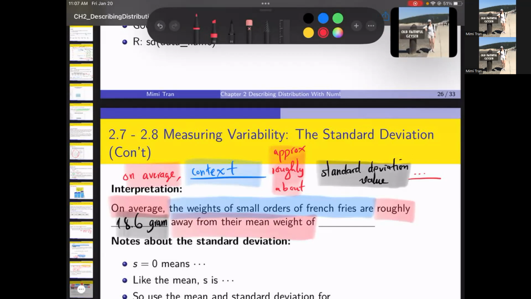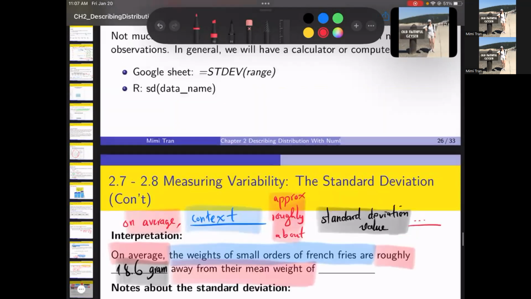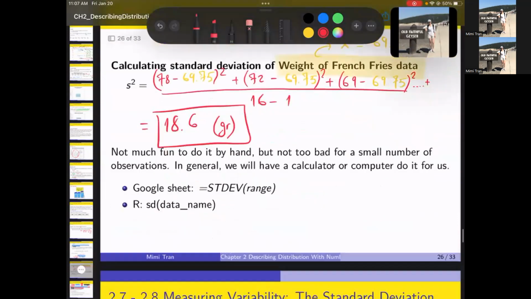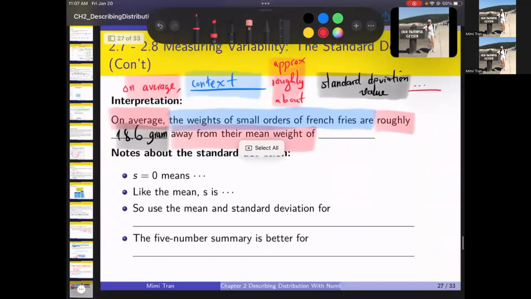Forgot what value it was? 69.75. I'm going to put x bar, the value of the sample mean.